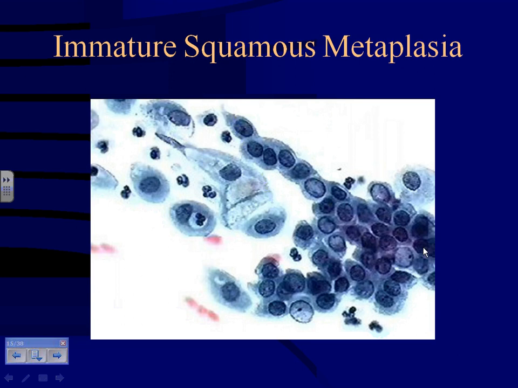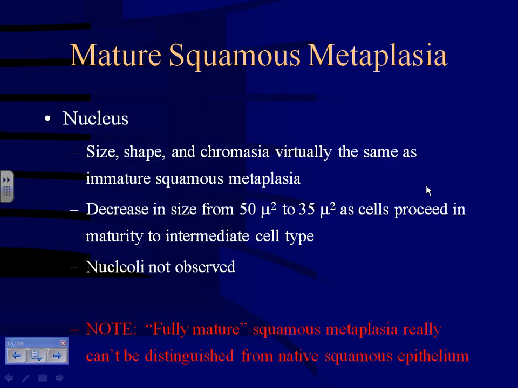So in essence, what we're seeing is various transitions between the most immature reserve cells to immature squamous metaplasia to really mature squamous metaplasia. Okay, so I think we're seeing all three types here. But I think it's important to recognize that these, especially these, you're going to recognize these very well, that these are squamous metaplastic cells.